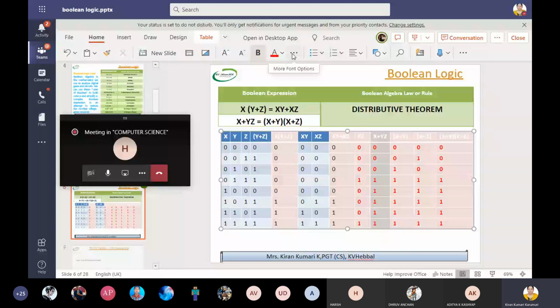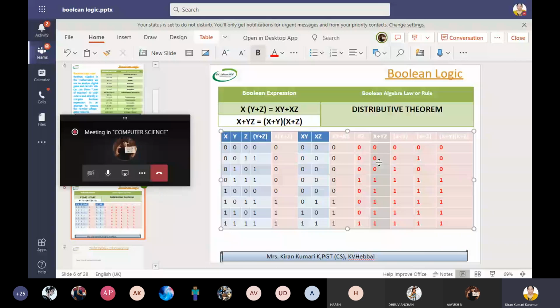Ma'am, which two? This LHS and RHS columns. For the second expression, what is the LHS? X plus YZ. Oh, very good. What is the RHS? X plus Y into X plus Z. Correct. So where are those two columns? This one which I highlighted and the last column. Now you should see only these two columns. Ma'am, are they both the same? Ma'am, triple zero and then 5 ones.